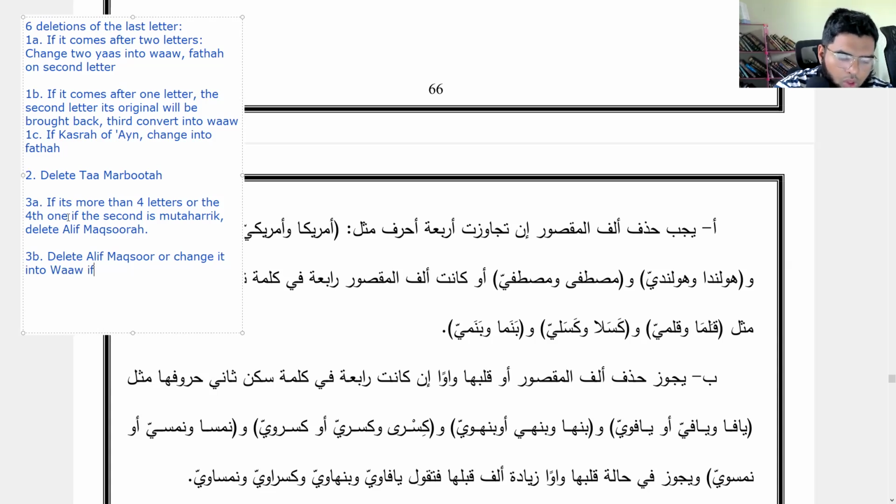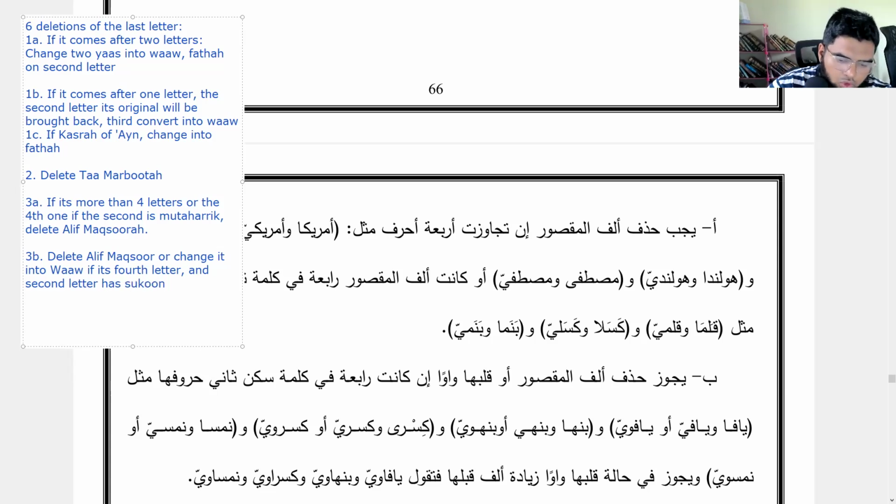If the 4th letter is Alif Maqsoor, if it is the 4th letter, and the second letter has sukoon.